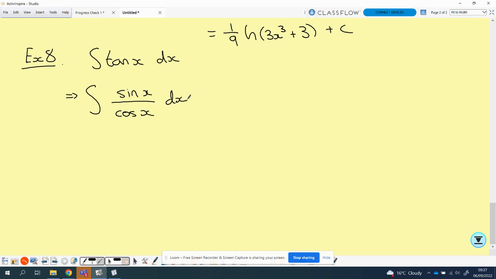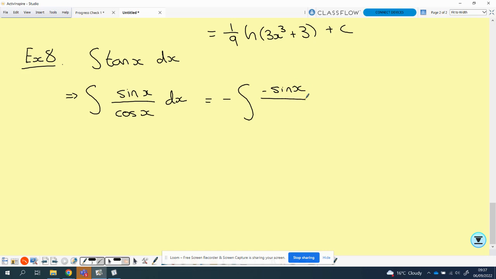Now we know what can happen to sine and cos. They interchange when you integrate and differentiate them. So if cos is my original function, my f of x, and I differentiate cos, well, we know cos normally becomes negative sine x. So again, I'm very close to having what I should have on the top, but I want negative sine x. Therefore, I can put a negative out the front and change that sine x to negative sine x.